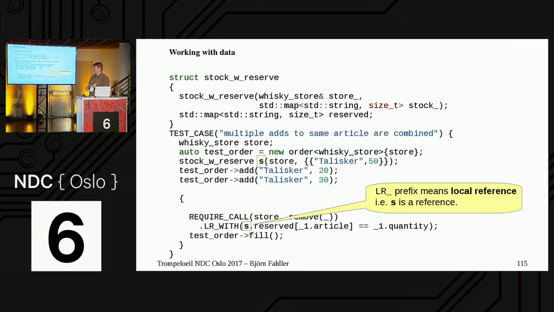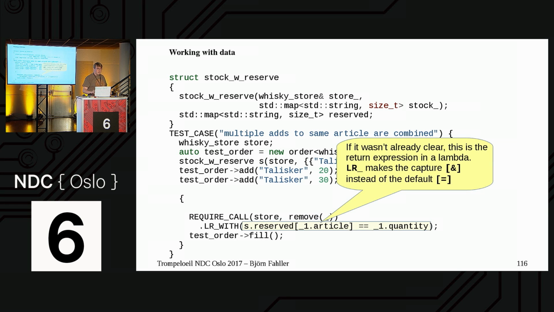In this case, it's perfectly safe. The expectation object for require call is destroyed by the end of this local scope, and s is in an outer scope. So it's perfectly safe. So we can do that. And yeah, I guess I just exposed a little bit of what happens under the hood here, that this macro expands into a lambda expression, among other things.